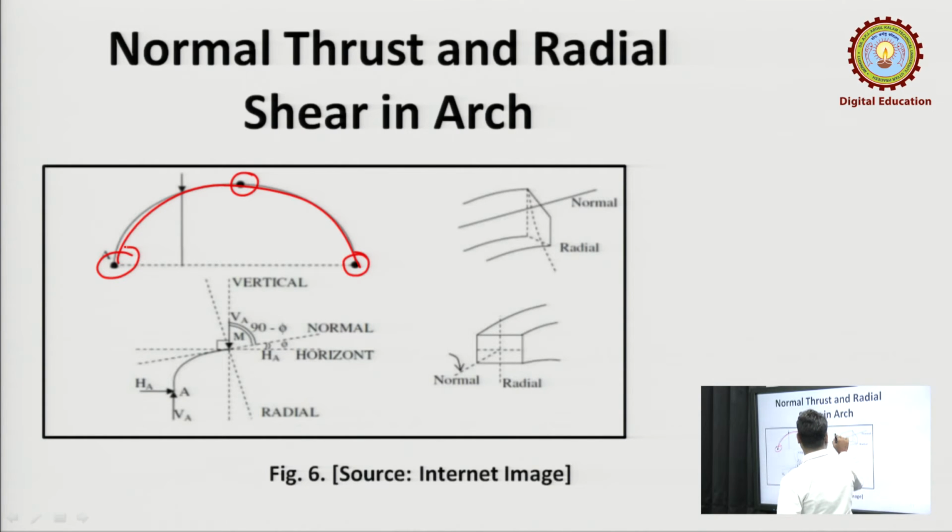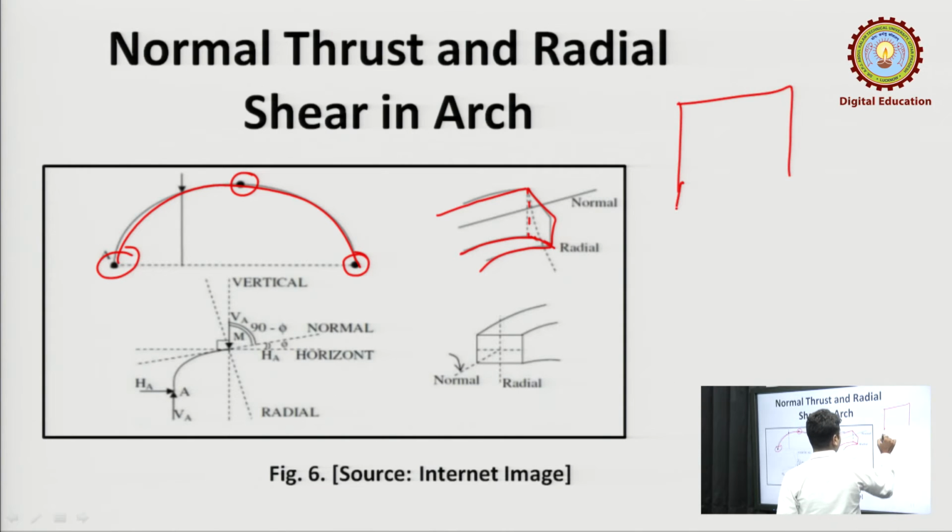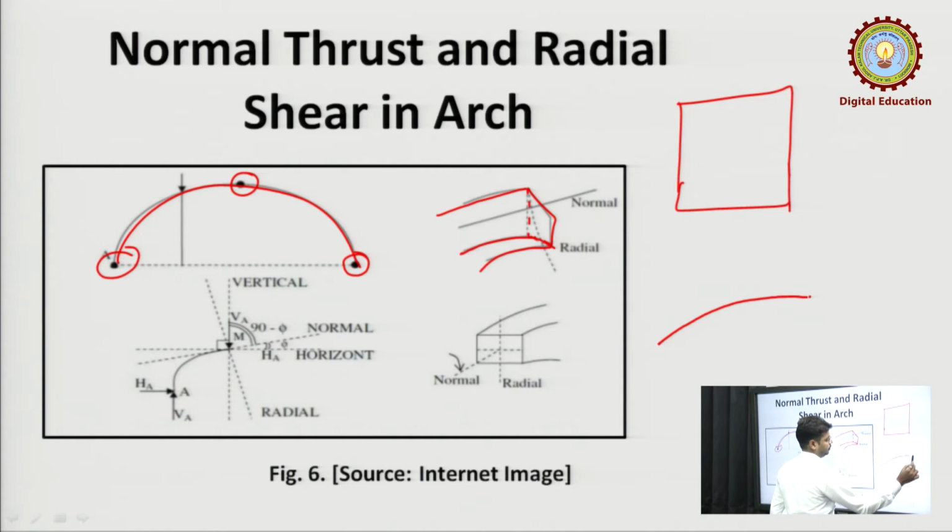I am showing you here an enlarged view of the beam. Now, what is the normal and what is the radial? For example, this is the side view of the radial beam, and this is the 3-dimensional view.